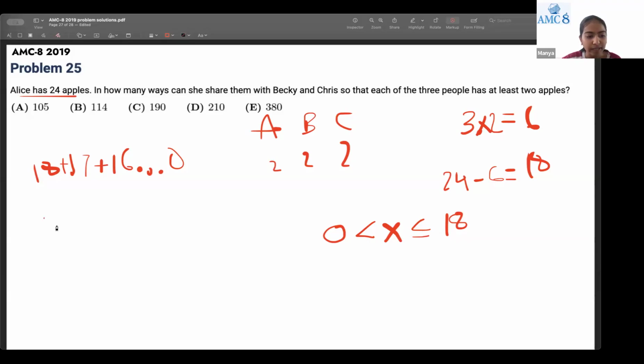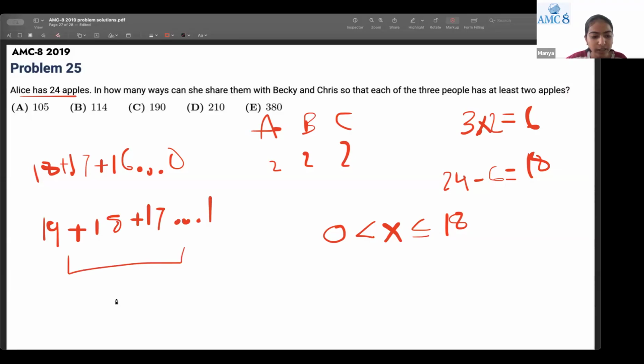So we will have to do 19 plus 18 plus 17 all the way until 1. And if we add all of these up together, we will be getting 190. And that's how we got our answer choice C.